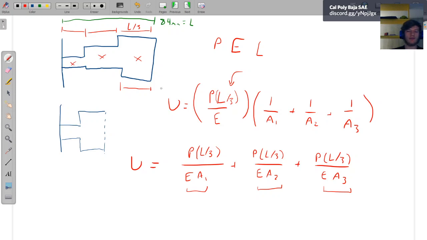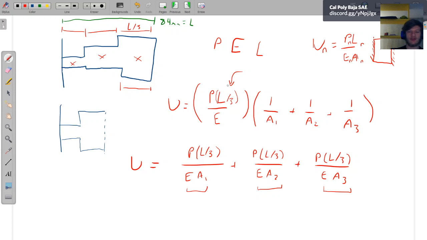When we say U equals PL over EA and discretize this, we're talking about just one section where we've made some cuts. So this is just the displacement U N for that section. We want to sum up all of the displacements over our whole length.